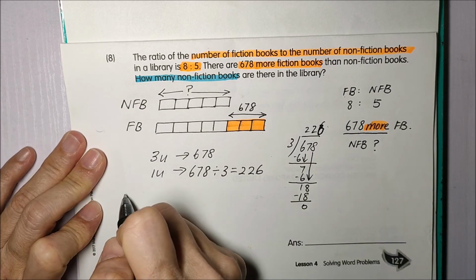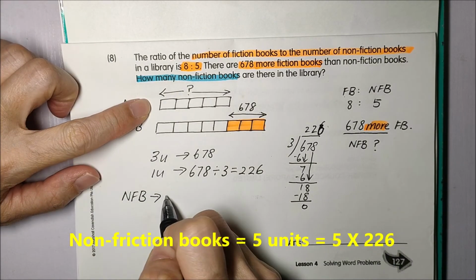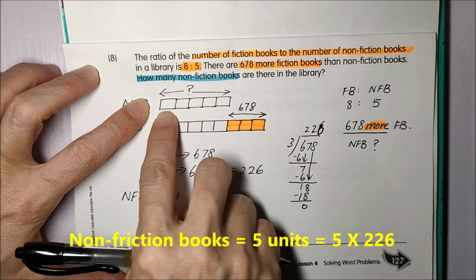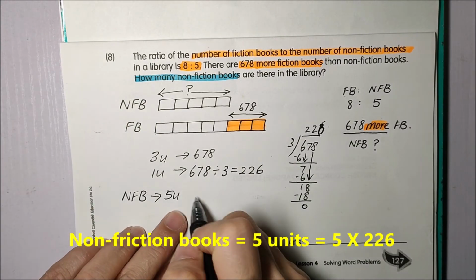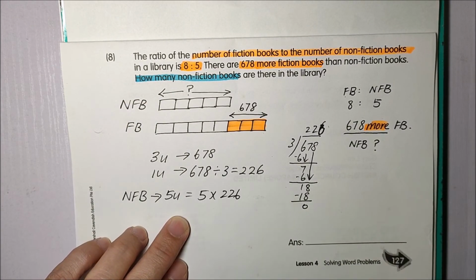So to find the non-fiction books, which is 5 units from your model drawing, that equals 5 times 226.